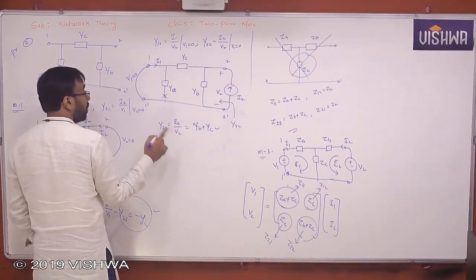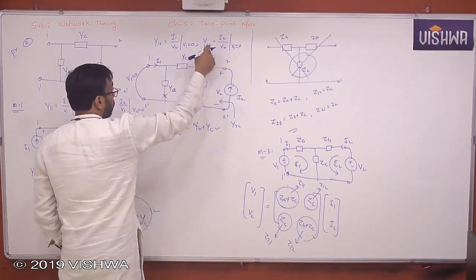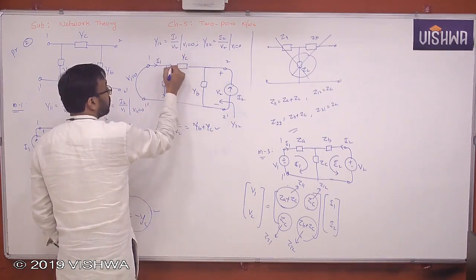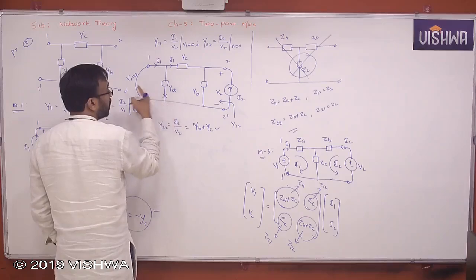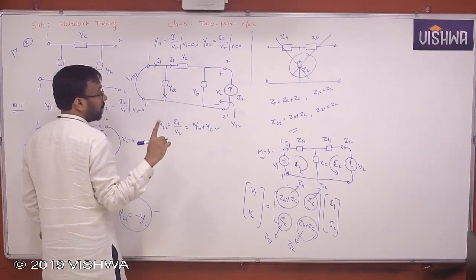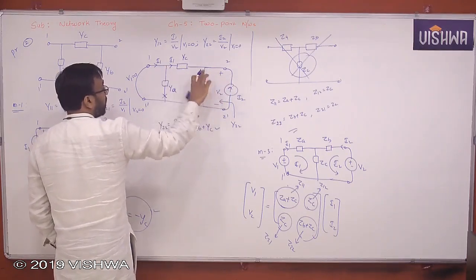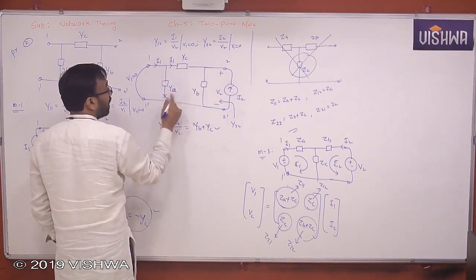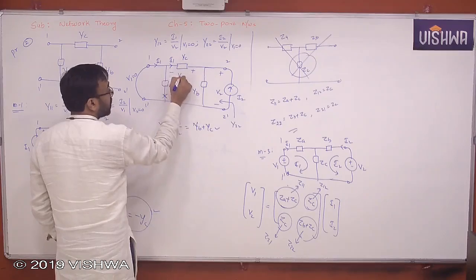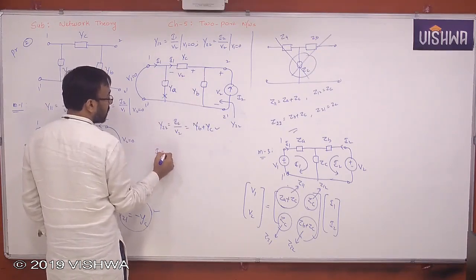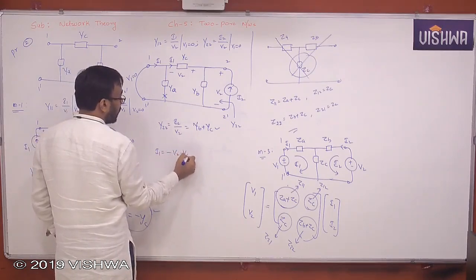Then I want to express I1 in terms of V2. What is I1? The current flowing here. This is also I1 now, because you can't expect any current because of the short circuit. Got it? The same V2 will appear here and here, because there is no element here. Plus minus V2, the same voltage. So what do you relate here? I1 can be written as minus V2 into YC.